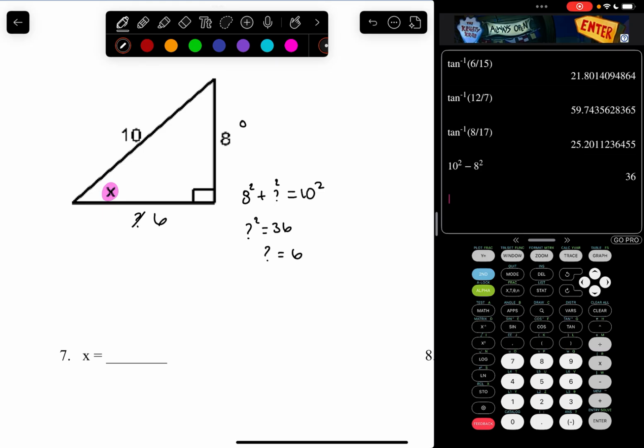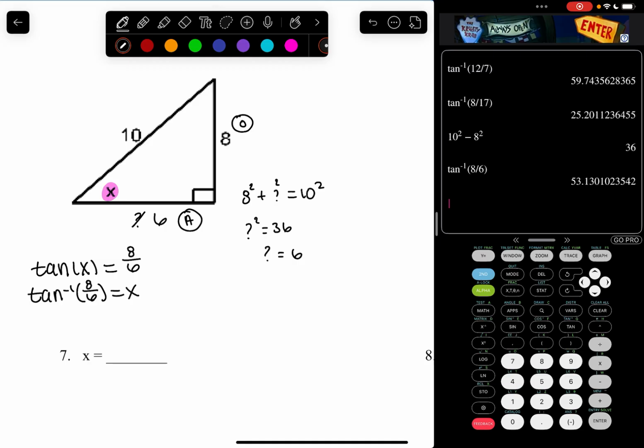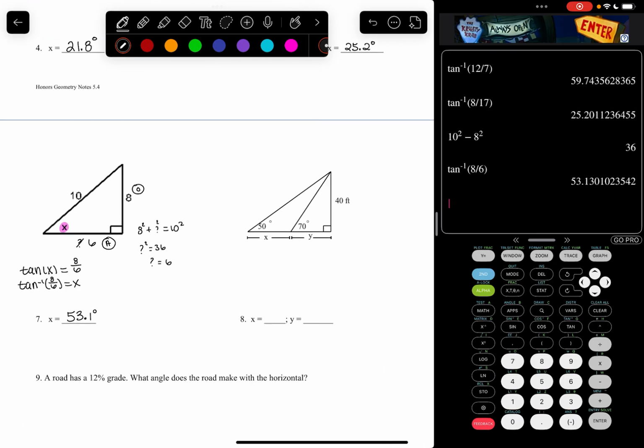So now I have my opposite and my adjacent, and I'm now able to use my tangent. Tangent of X equals 8 over 6. I got to move that over. So I have 8 over 6 equals X. So we've got second tangent of 8 over 6. And that is going to equal 53.1 degrees. Nice and easy.